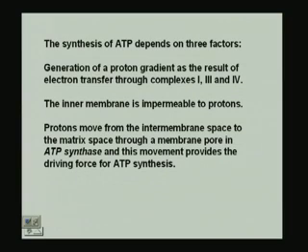You would expect the protons to diffuse through into the matrix, but this does not happen. They do not come into the mitochondrial matrix simply because the inner membrane is impermeable to these protons. So, to maintain that high concentration for the production of ATP, you have to pump the protons from the matrix to the intermembrane space.